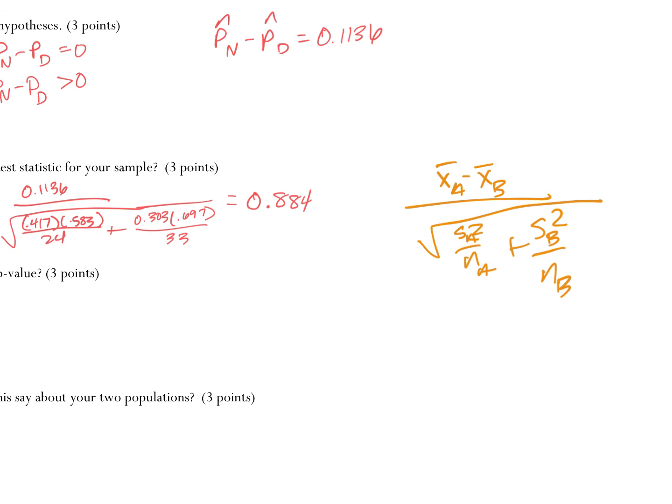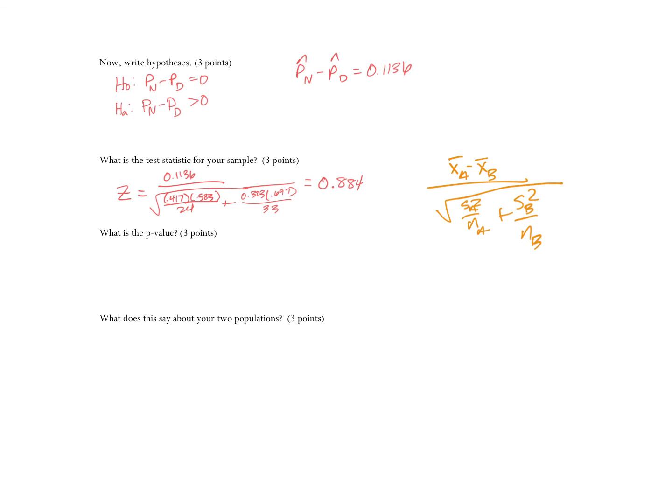Okay. P-value. If you're doing Z's, it will be normal CDF. If you're doing X bars, it'll be t CDF, and your df is going to be n minus 1 using the smaller sample.